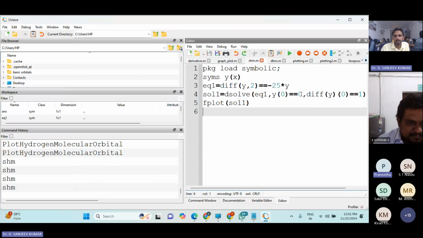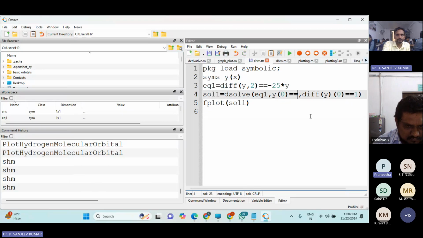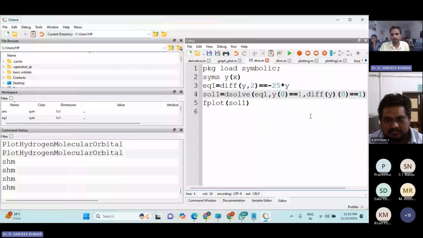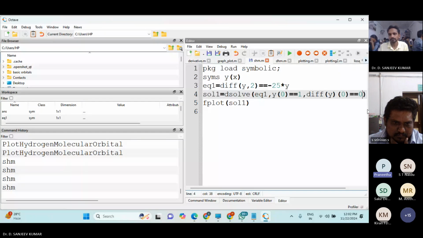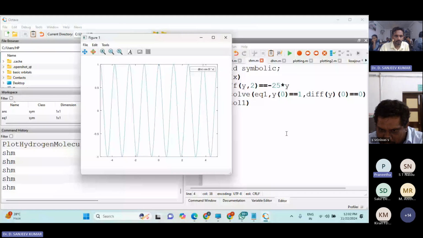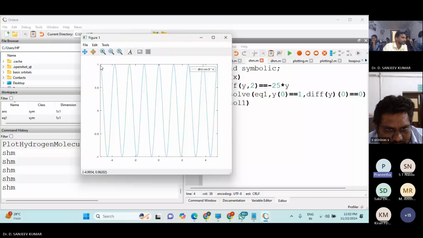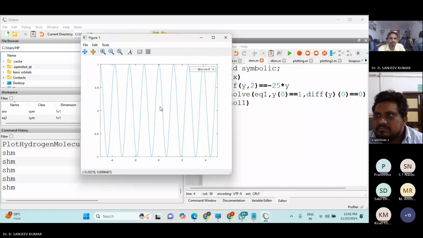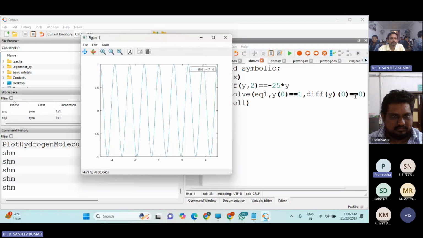Let's say if I start the pendulum at an extreme point, so here the displacement is maximum and at the extreme point velocity is 0. So I'm trying to change the initial conditions. Check how the plot changes. So now the graph starts from 1. So at the extreme point velocity is 0.